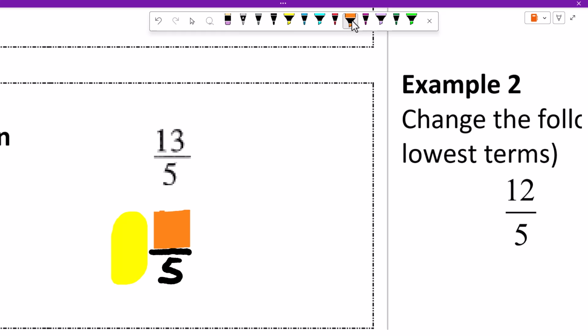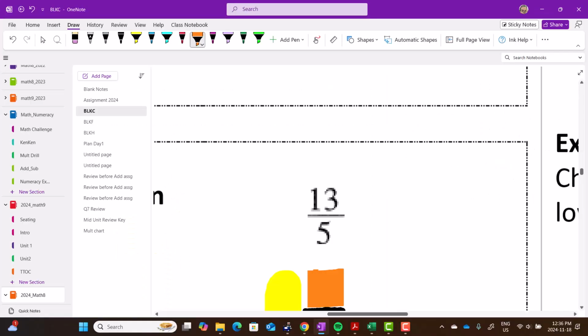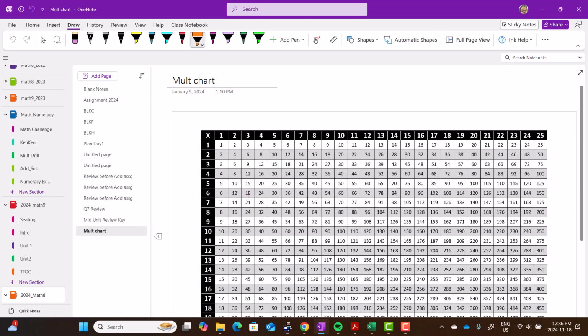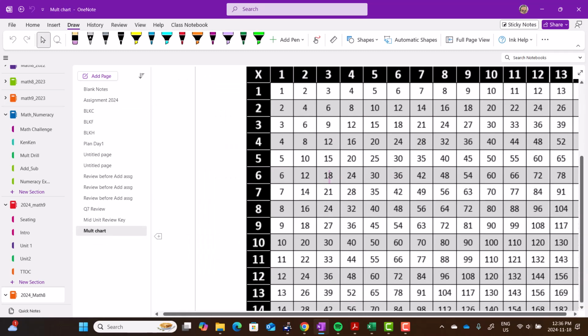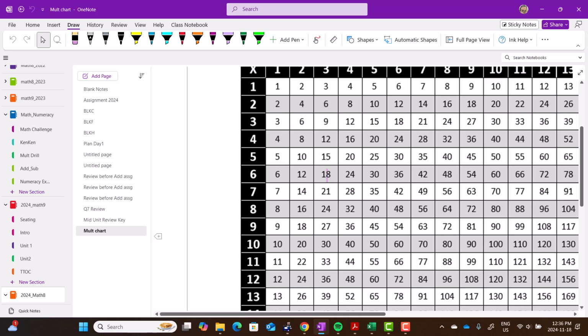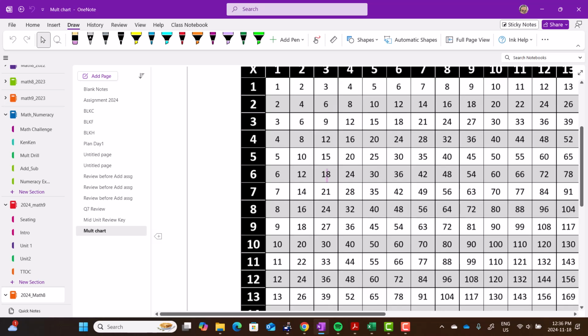The answer is twice. If you don't know that, you can use your multiplication chart. Here are our 5s times tables. 13 would be here, in between 10 and 15, so it fits in 2 times.